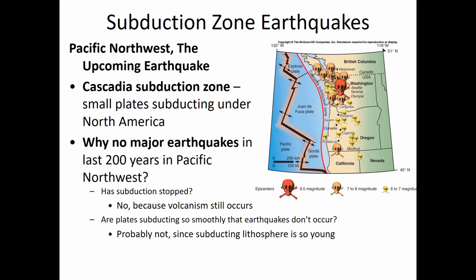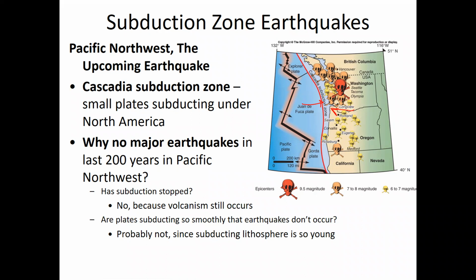So in the Pacific Northwest of the United States, most people think of California as a large seismic hazard, which it is, but there are others in the United States too, including the Pacific Northwest and a region known as the Cascadia Subduction Zone. The Cascadia Subduction Zone is where the Juan de Fuca Plate collides with and subducts under the North American Plate.